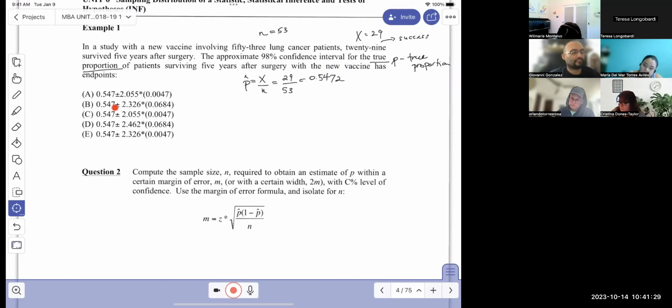Now, all of these have that answer. So it's not helping us differentiate which is the final answer. So it turns out, because of the randomness, remembering back what we talked about, that P hat has a distribution. It's approximately normal with a mean. Do you remember, or look at your formula sheet? What was the mean of P hat?